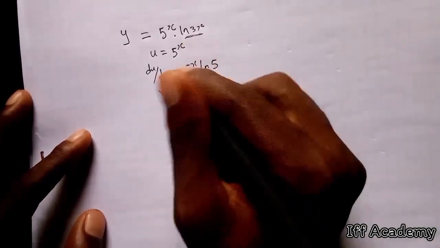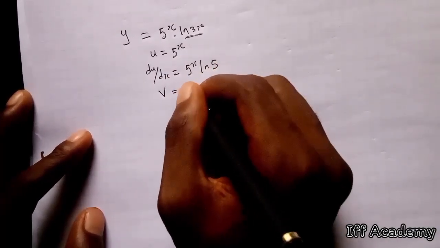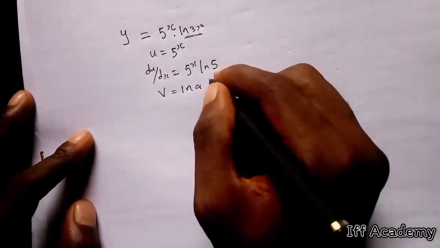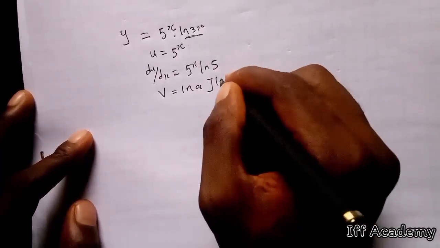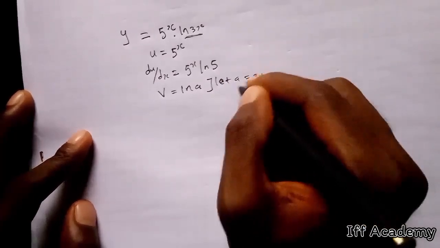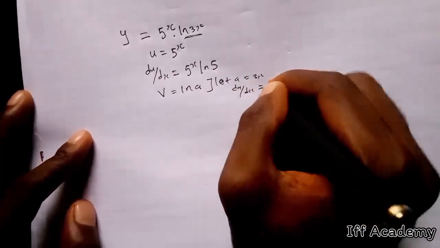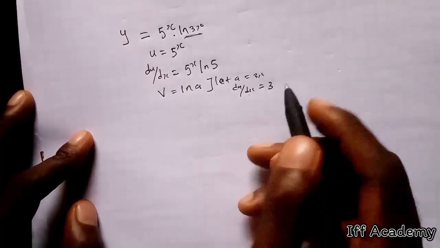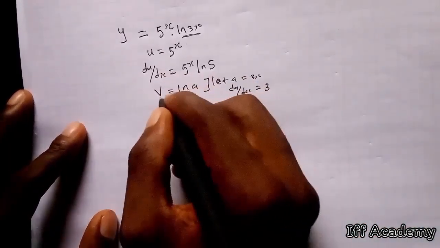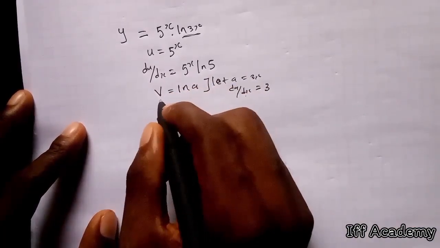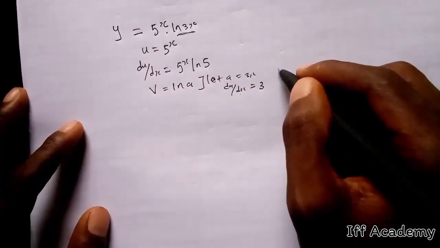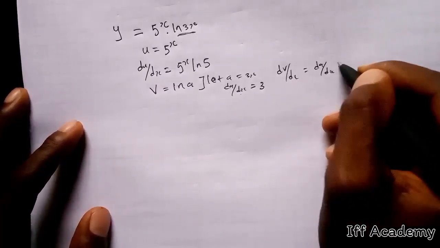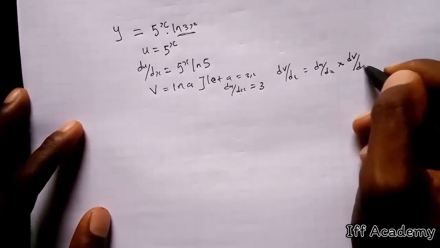So now v is equals to ln a, right? So you can say let a equals to 3x. dA over dx gives you what? 3. So since dA over dx is 3, remember we're trying to get dv over dx from here, right? We're trying to get dv over dx, but your dv over dx is going to be dA over dx times dv over dA.